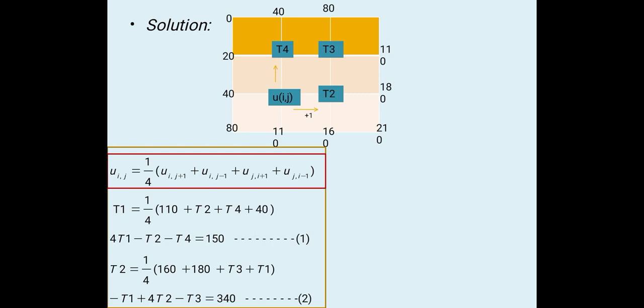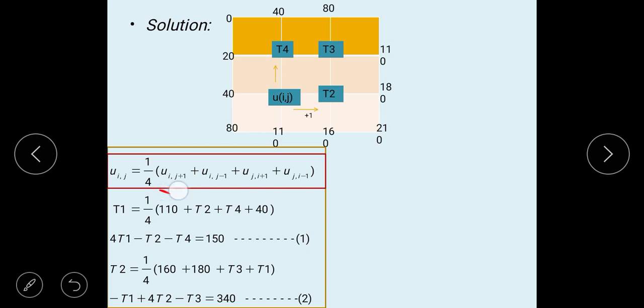You keep i constant and vary j plus 1, j minus 1. Later on you keep j constant, then i plus 1 and i minus 1.